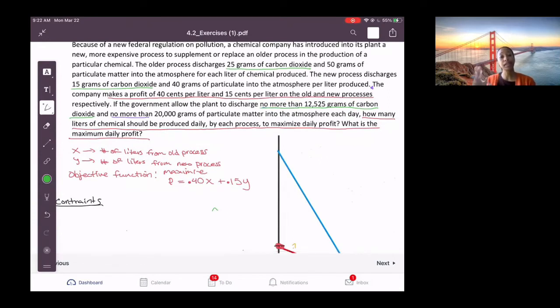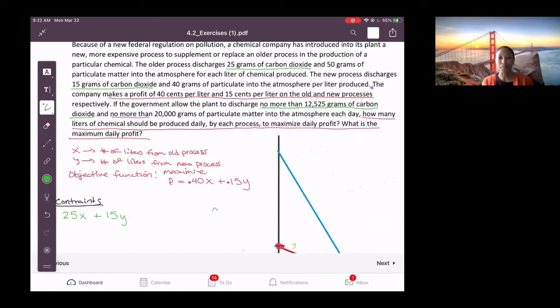How do we put all of this information together to write out an inequality? Well, we'll have 25 times however many liters we produced by the old process. That would be X. And then plus 15 times the number of liters we produced by the new process, that's Y. And then it says that it can be no more than 12,525. That means we can discharge less than that.